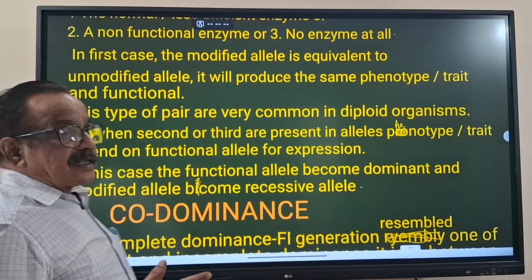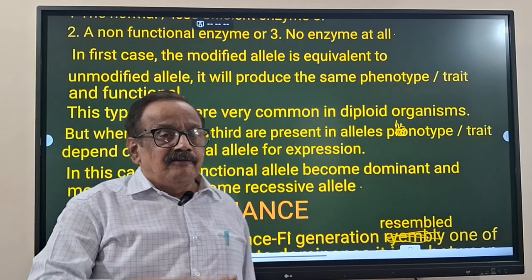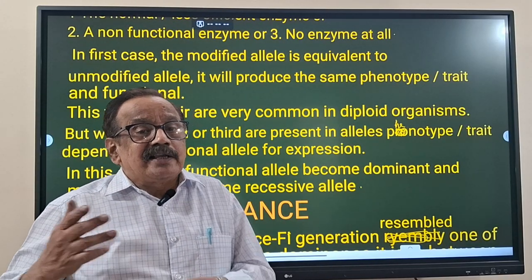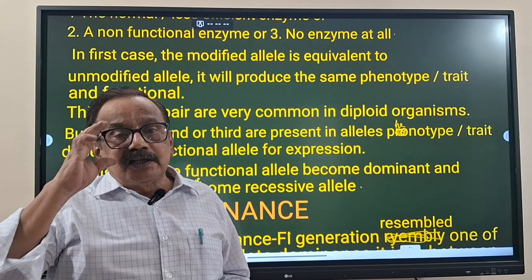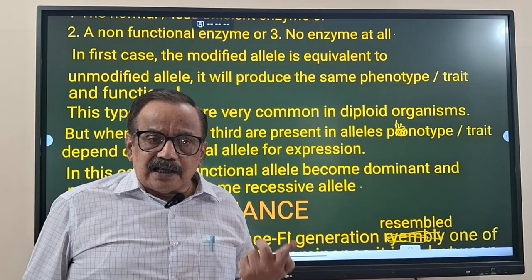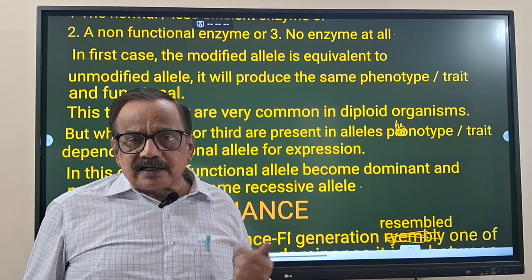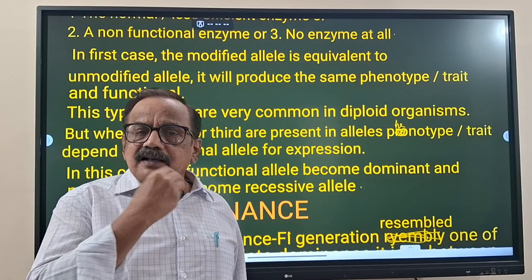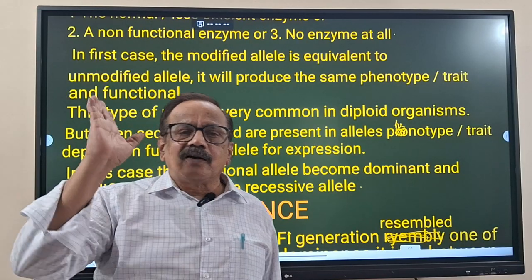So it depends upon the functional allele. When the second allele becomes non-functional or produces no enzyme, the first allele, maybe dominant or recessive, whatever it may be, is the functional one. The second allele is completely non-functional or produces no enzyme.